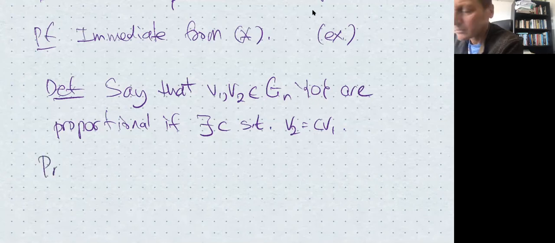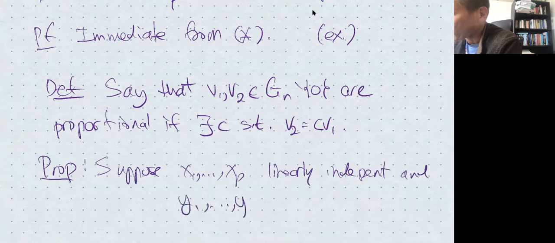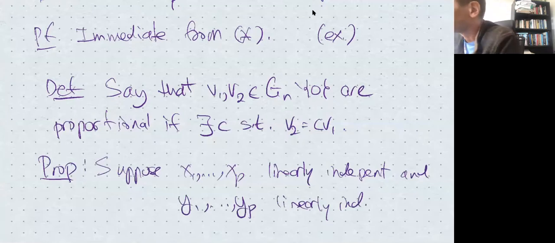Proposition. Suppose you have two p-tuples, x1 to xp and y1 to yp, and they're both linearly independent p-tuples.